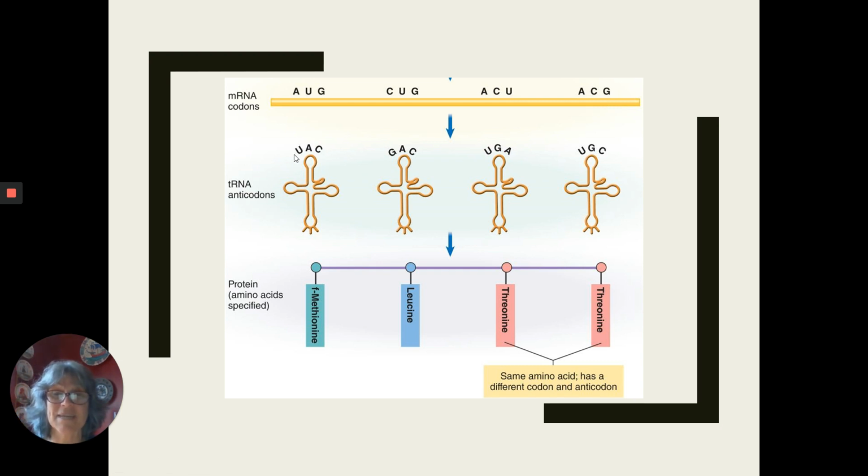It doesn't tell me the amino acid. It's the opposite. It's the complement. So if we think of this like a lock and key, this anticodon is complementary to this codon. So the only place it can land on this length of messenger RNA is right here. So it lands here and it drops off methionine. This one finds its complement, lands there, drops off its leucine.